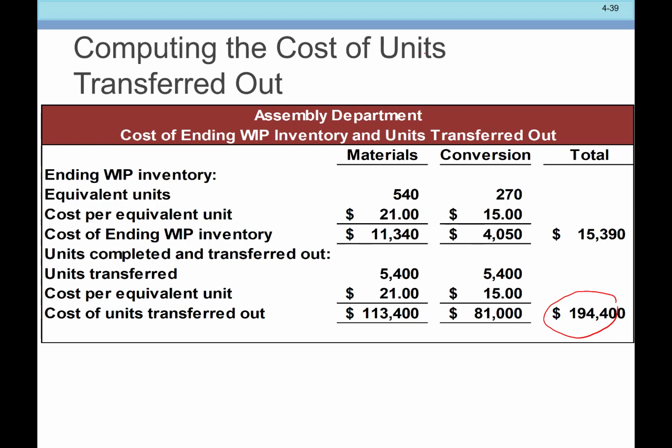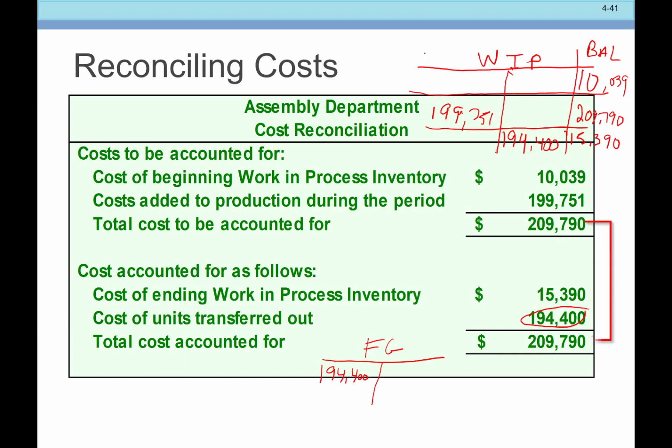Okay. So what happens? They give us this nice little presentation here as to how to account for all the costs. You had your cost that was in the beginning work in progress. You have your cost that was added. So you have total cost to account for here of 209,700.